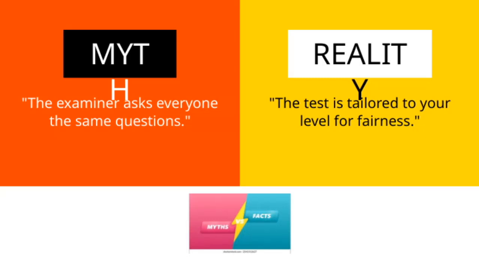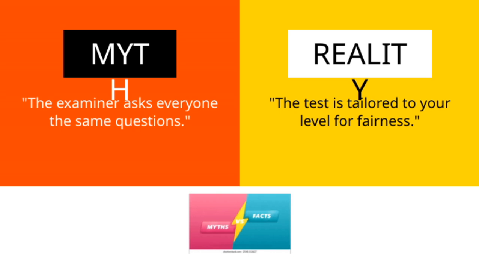The test is tailored to your level for fairness. What this means is that each person gets questions that are appropriate for their individual skills. This way, we're making sure that everyone has a fair chance to show what they know, without feeling overwhelmed or under-challenged. Now, a common misconception is that the examiner asks everyone the same questions.